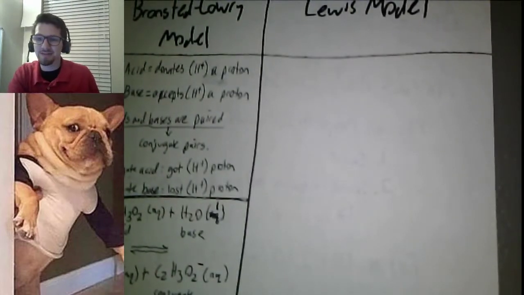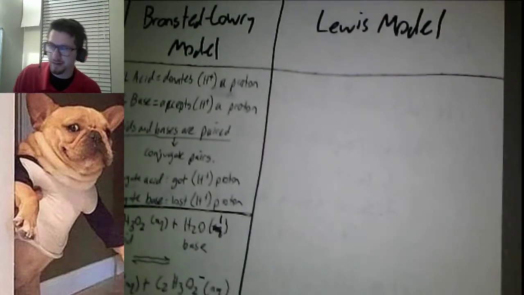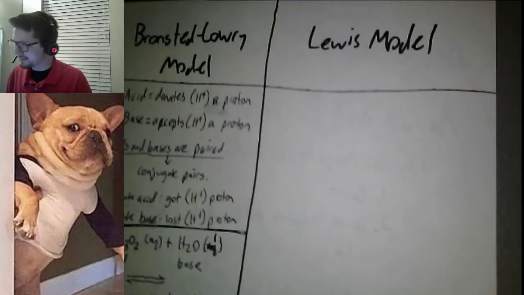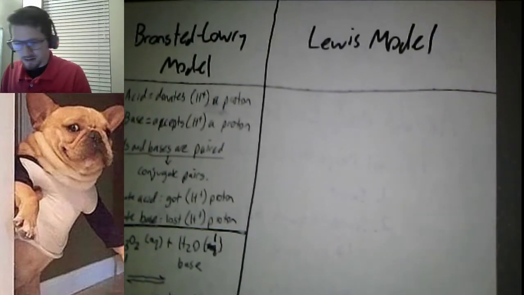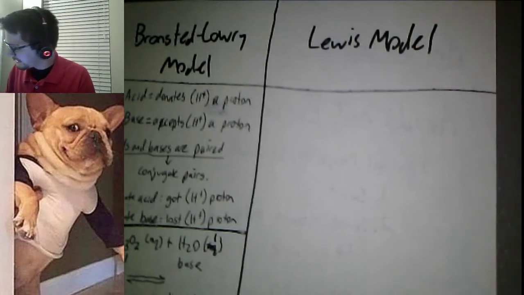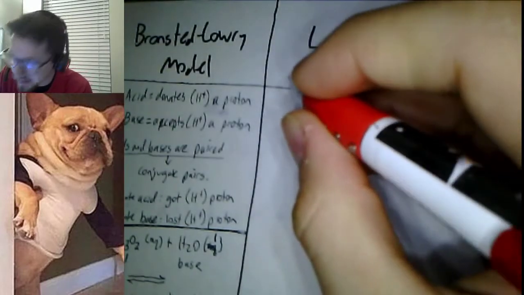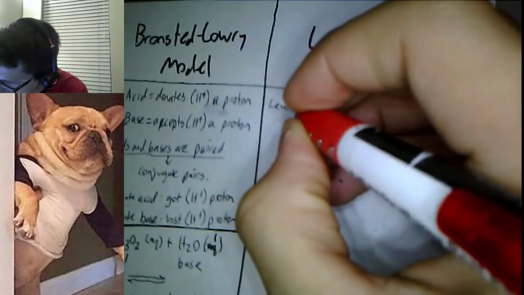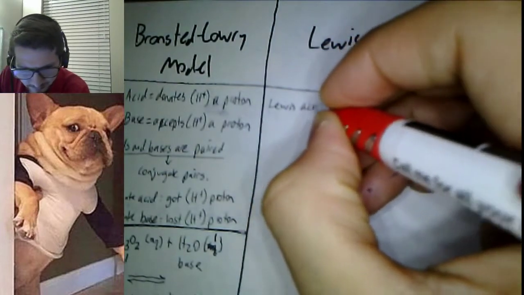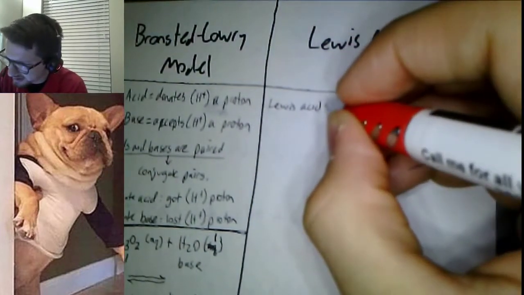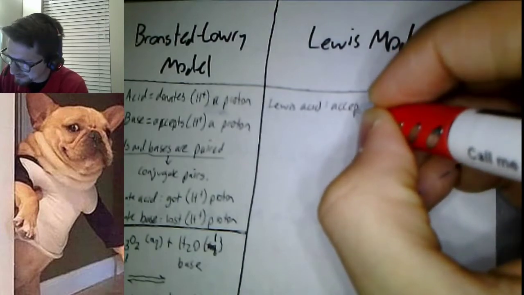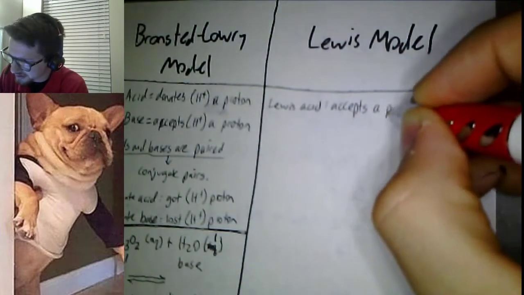So last thing, let's talk about the Lewis model. So a Lewis acid and a Lewis base. A Lewis acid, this is when we get annoying, accepts a proton.